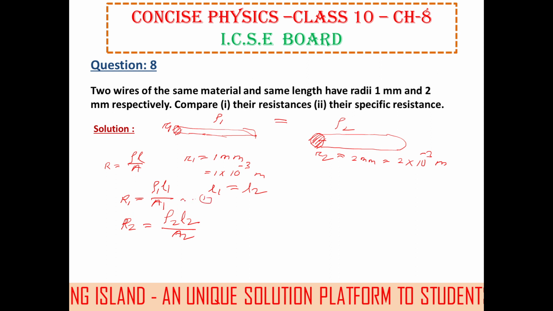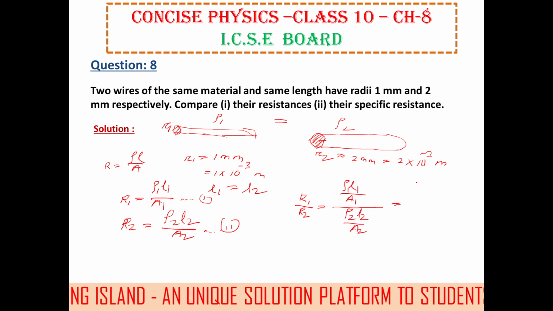So this is number 1, this is number 2. If I divide number 1 by number 2, we'll get R1 by R2 equal to rho 1 L1 by A1 over rho 2 L2 by A2.